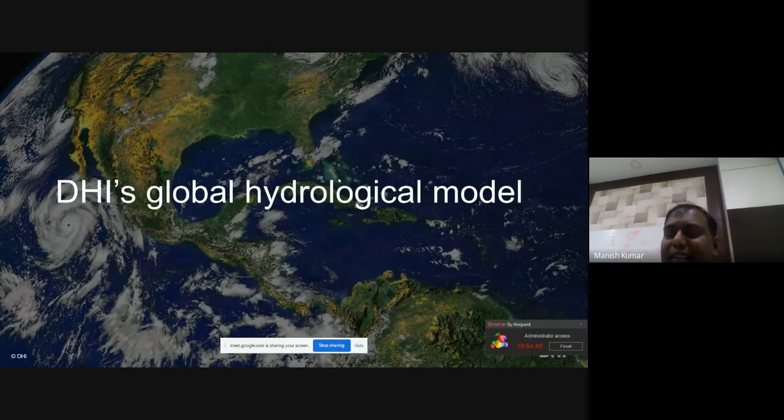Putting sensors at the sites, getting real-time data from that site to your data center, and then managing those data, it's a very costly affair. What DHI has tried is to use a global hydrological model using satellite based information only, so that the requirement of ground data can be avoided.